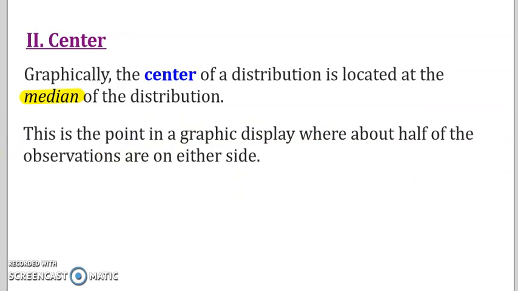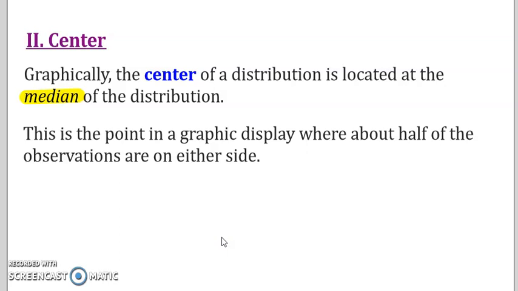All right, so first let's talk about center. So the center of a graph is typically going to be the median, is what we want to use. But sometimes it will be more accurate for us to use the mean or the average. So mean and median typically tell us what the center of our data is. So think of this like a quiz or test. If we were to say, what was the class average? I say it's an 83.